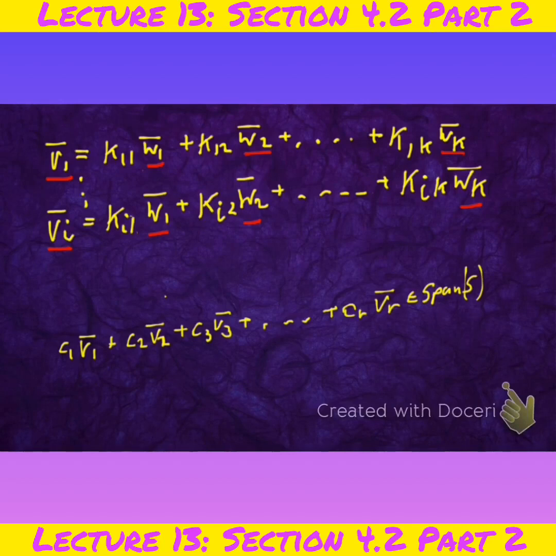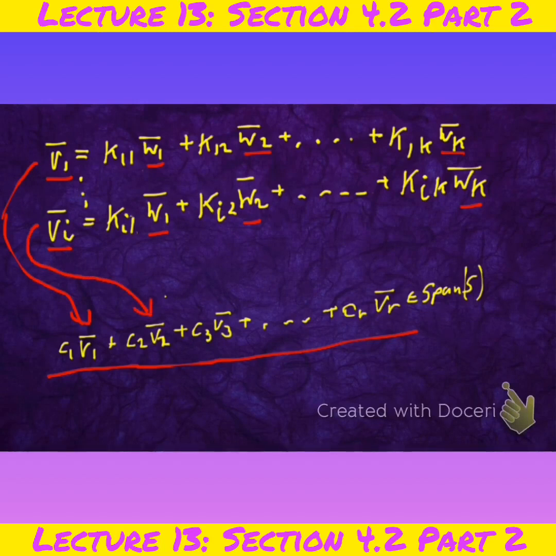Now take this vector here from the span of S. So it's a vector in the span of S. Now we want to show that this vector is in the span of S'. How do we do that? Well, we can take this V1 and plug it in there, and we're going to get only W terms. Then we take V2 and plug that term in there.